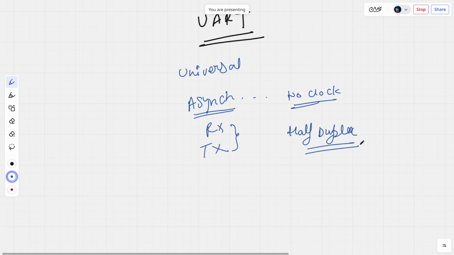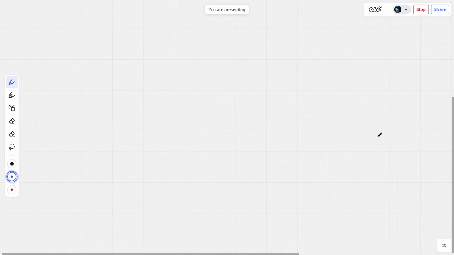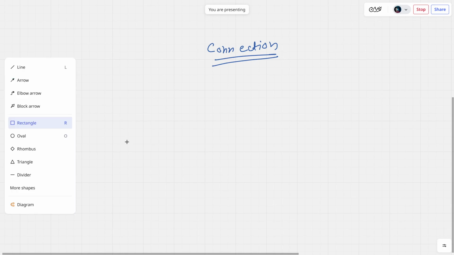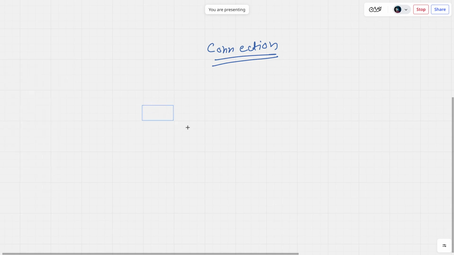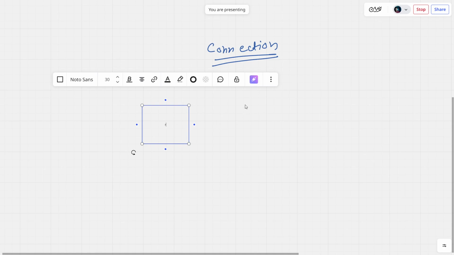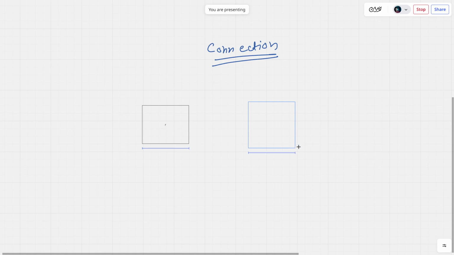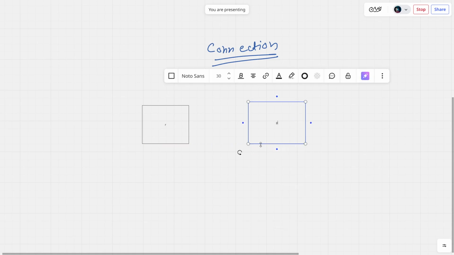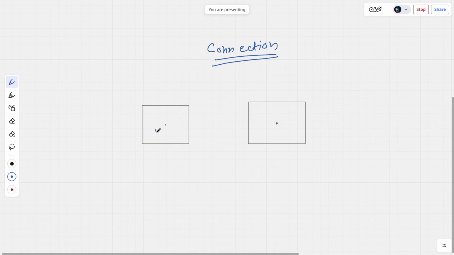Okay, so moving forward towards the connection diagram. How is UART connected? Let's say you have one device here, and another device here. Let's say this is your ESP and this is your STM32. You have two devices which are both communicating over UART. First thing, both will have two pins, RX and TX.